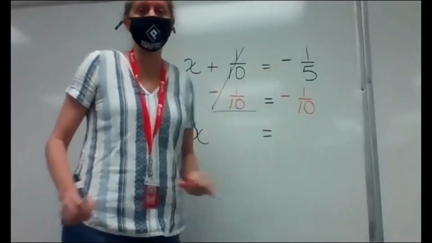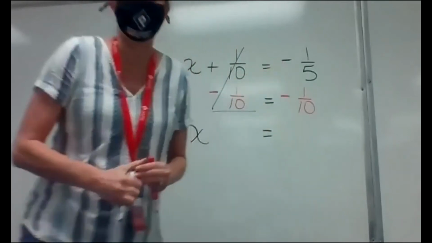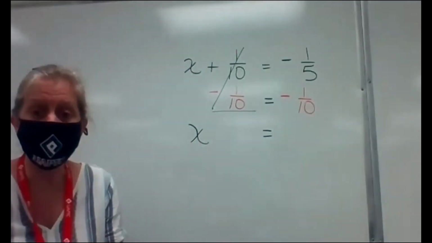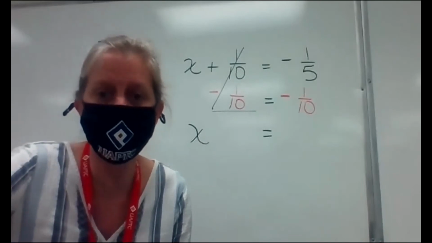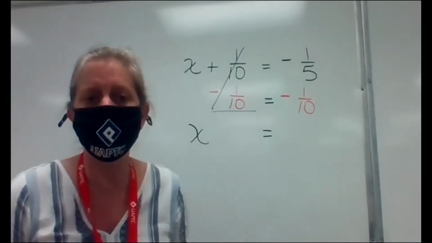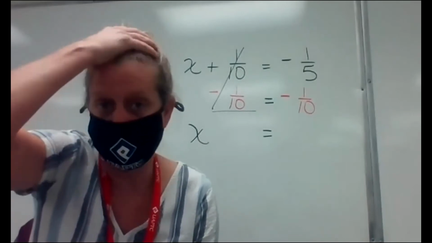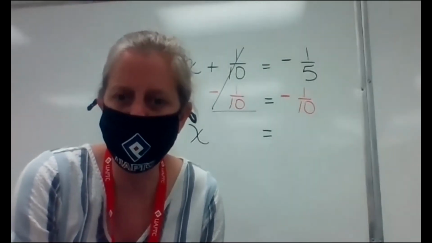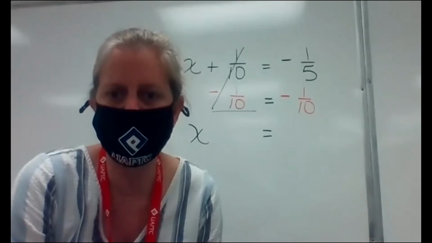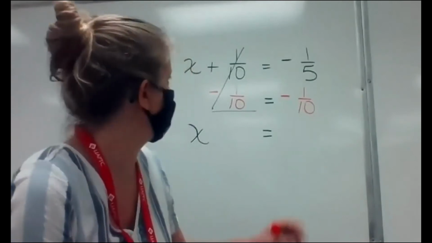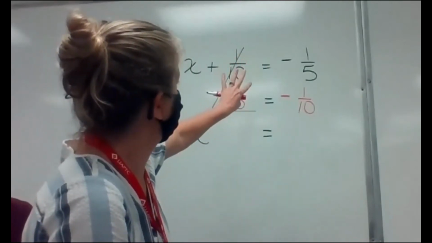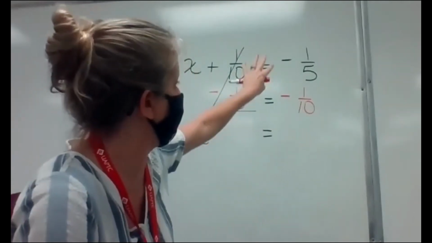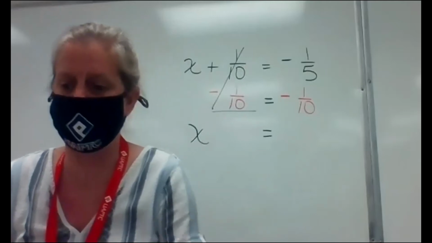Here's where I'm going to have to do some work that I don't like to do. First of all, I see a negative symbol. Second of all, I see fractions. Not only do I see fractions, those fractions have unlike denominators, okay? I might attempt to do this in my head if the denominators were the same, because that's not as difficult and doesn't have as many steps as adding and subtracting with different denominators.